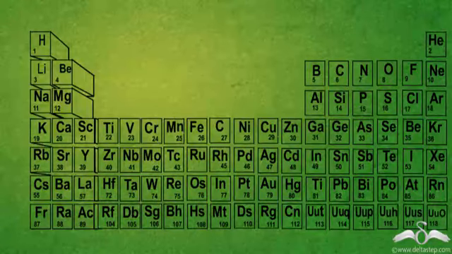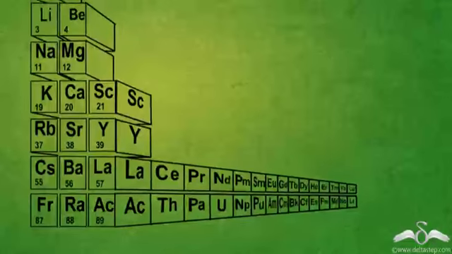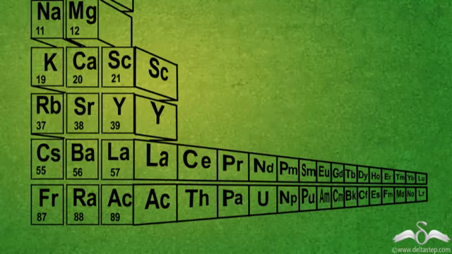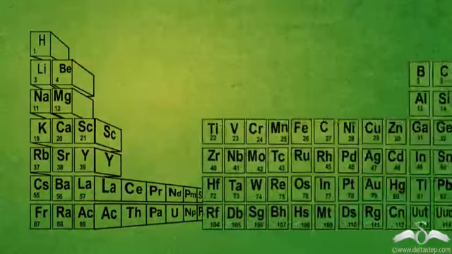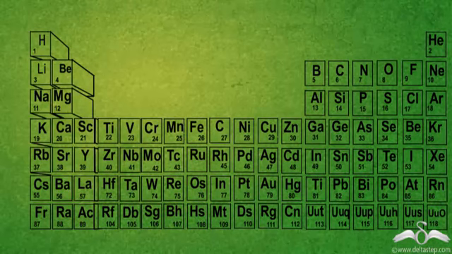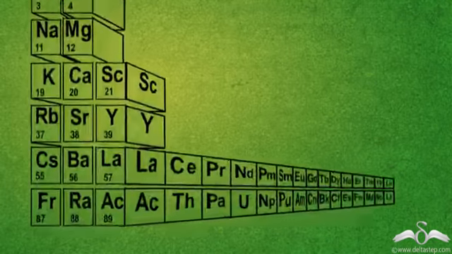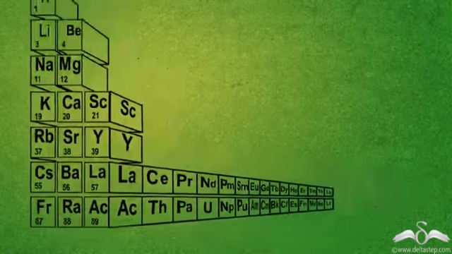So the two series lie behind these two elements, that is lanthanum and actinium, Ac. So there are two series which are behind these two elements. This is represented in the three-dimensional frame. Since we do not show the three-dimensional on the two-dimensional frame, that is on the board or on paper, that is why we represent these two series separately in the periodic table.